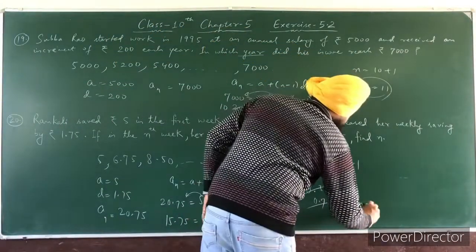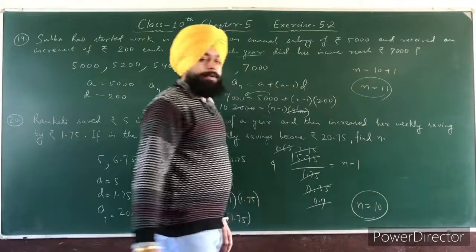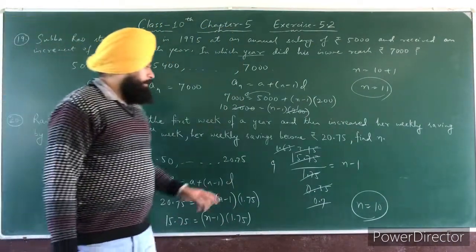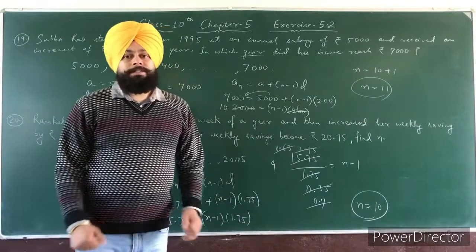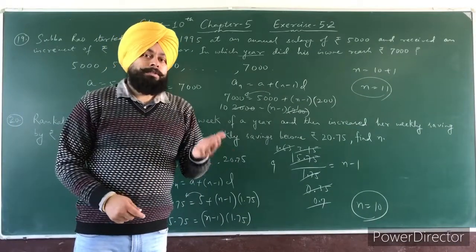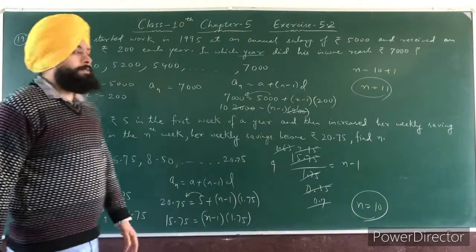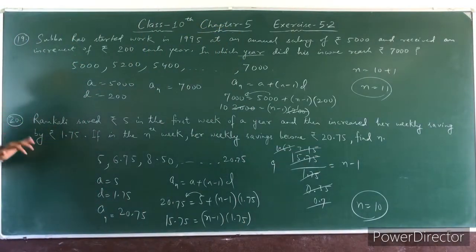So n is equal to 9 plus 1, which means it is equal to 10. So in the 10th week her saving was rupees 20.75. So in the 10th week her saving becomes how much? Rupees 20.75. Clear students? So this is question number 19 and 20.